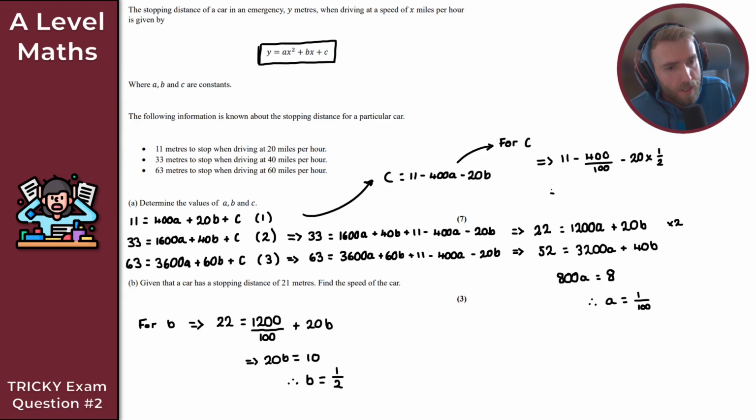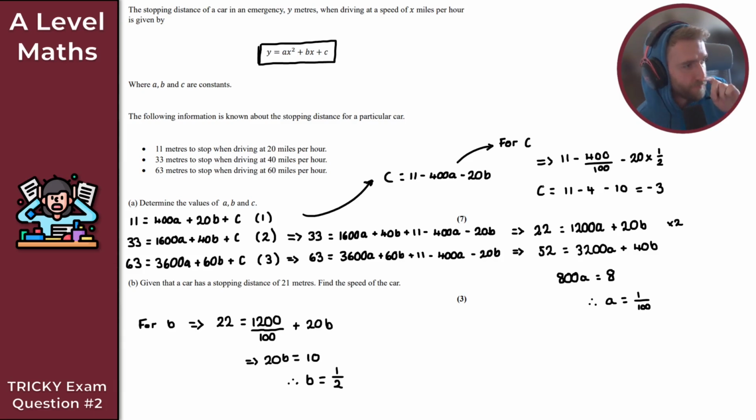If we simplify this, what do we get? I've got 11 minus 4, minus 10, so 11 minus 4 minus 10 gives me minus 3 there. Perfect. And that's for c here.